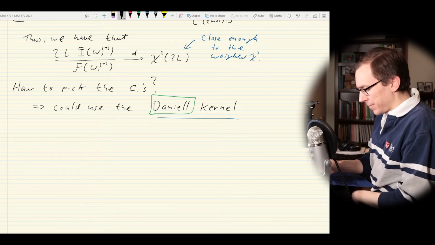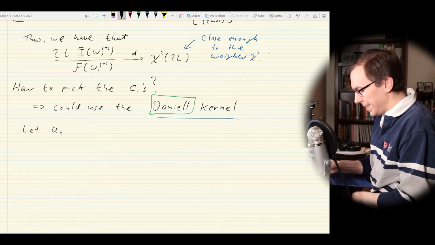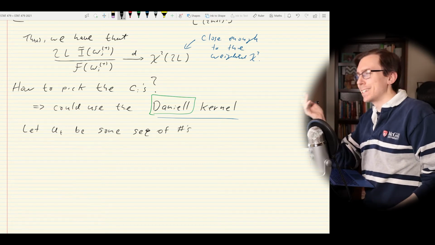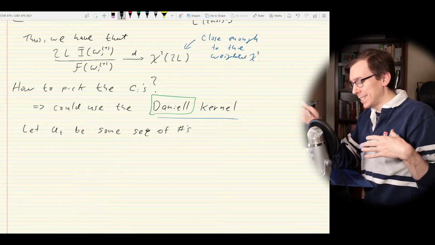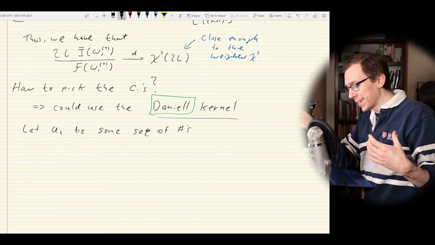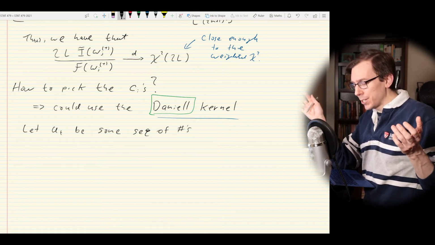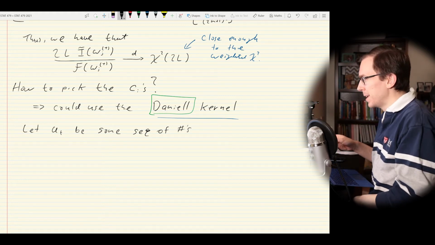Well, first, we'll say let ut be some sequence of numbers. Mainly because I don't really want to have to do this with the I omegas, because the indices will get super annoying. So instead, we're just going to apply this kernel to a sequence ut. It doesn't even really have to be a time series. It just has to be a sequence of numbers.